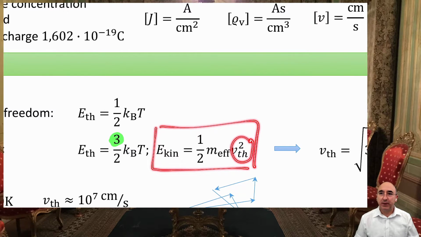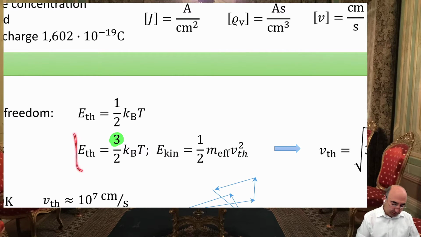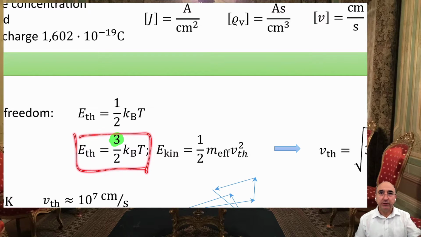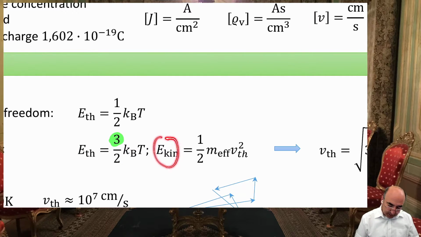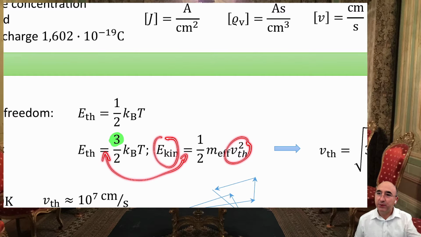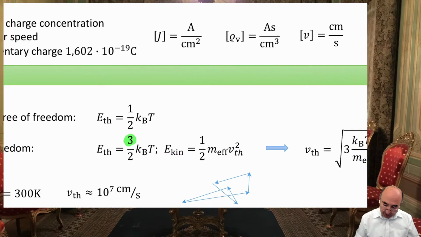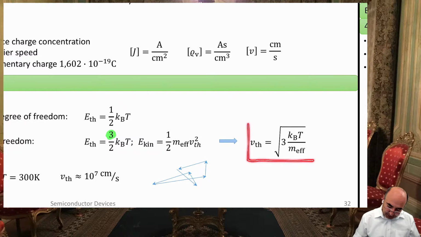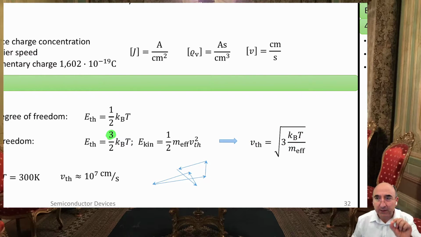That means we have the thermal energy, but we want to know the movement of these particles. This is given by natural laws, and this is the equivalence of this energy, because we know we have a movement of the particles at a certain temperature. Therefore, the thermal movement of the particles, the v, is given by 3 times the Boltzmann constant times the temperature divided by the effective mass of the particle.